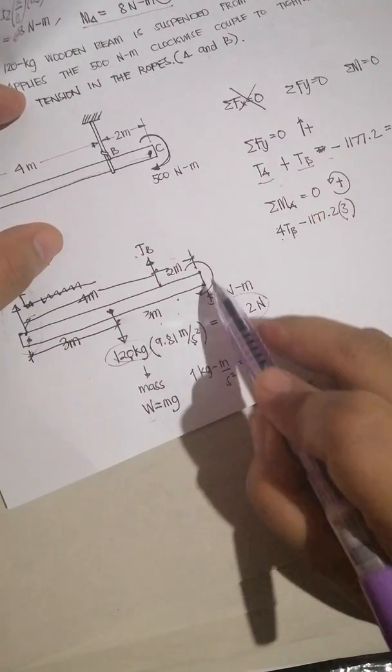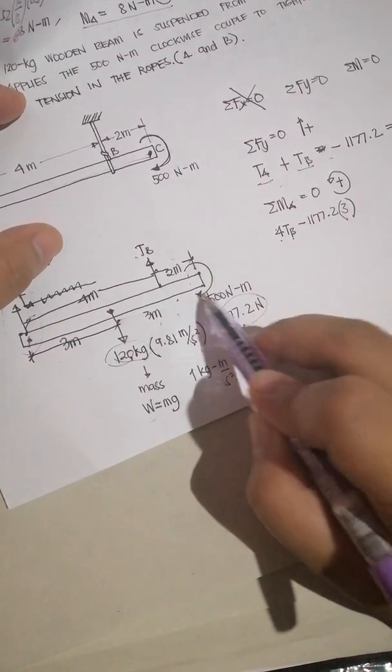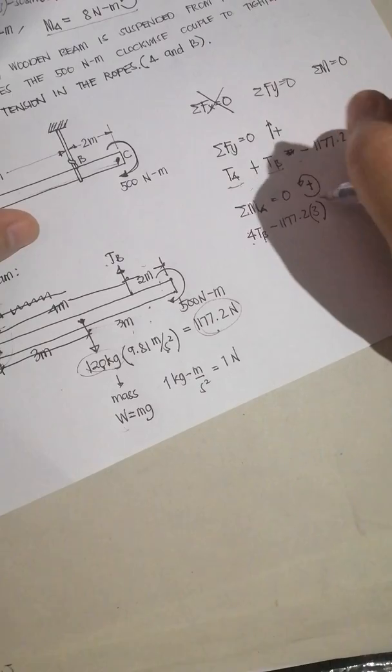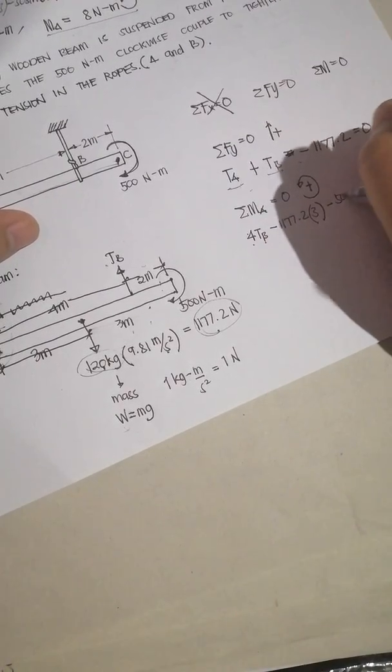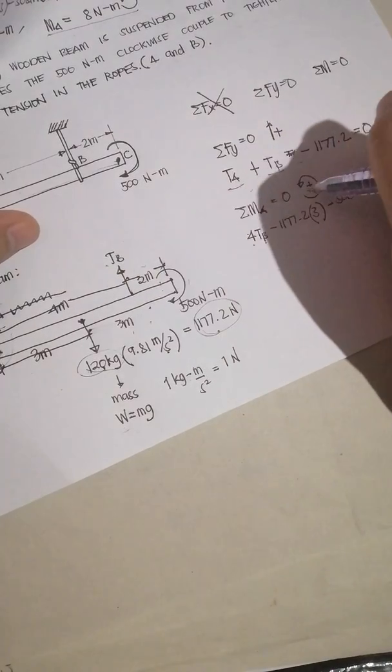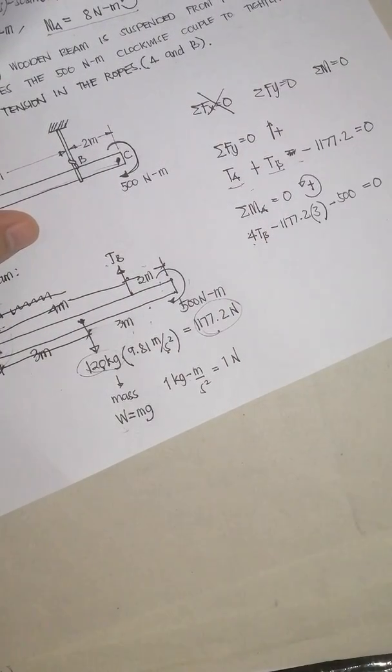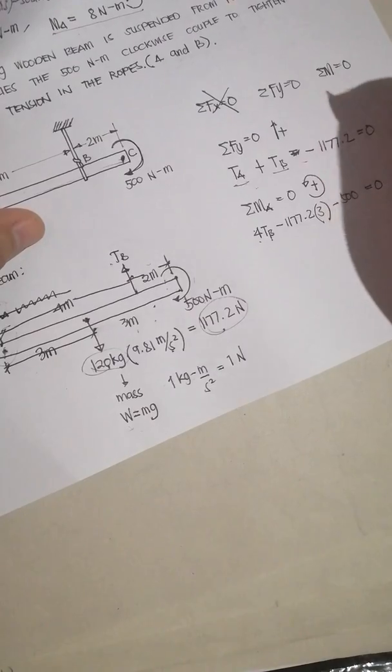Then we also have a couple here which is clockwise, so we use negative 500 newton meters. Remember, in our sign convention, positive is counterclockwise, so negative is clockwise.